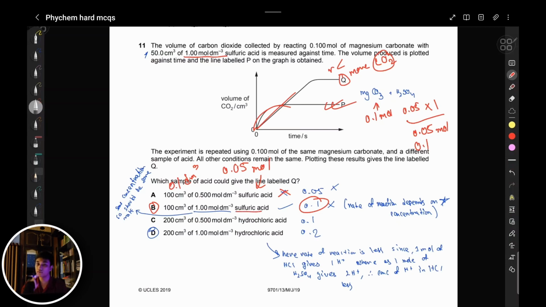However, rate of reaction does not change based on the volume, rather the concentration. So the rate of reaction depends on concentration. But we have not changed the concentration. So how can B be the answer?